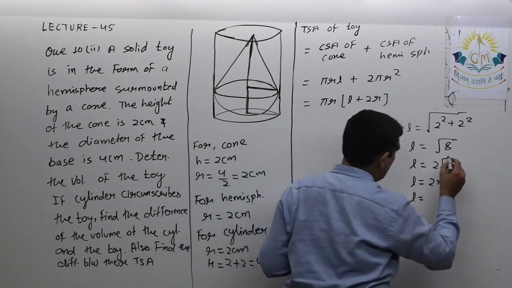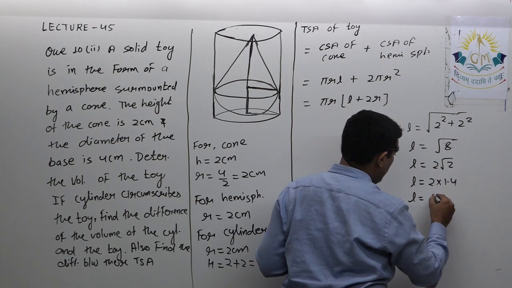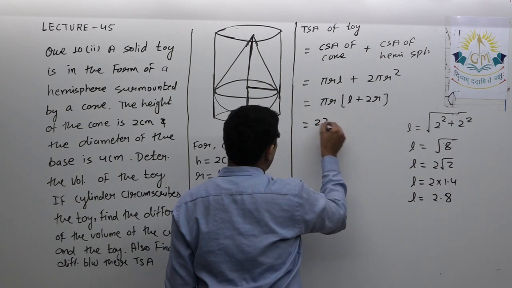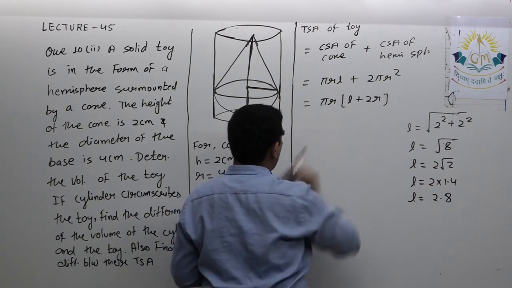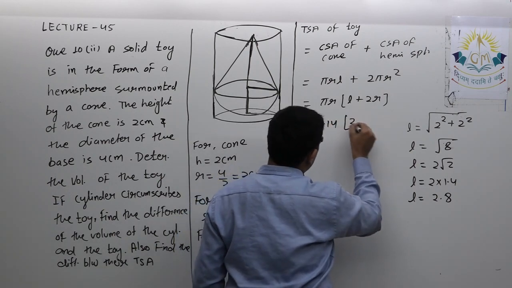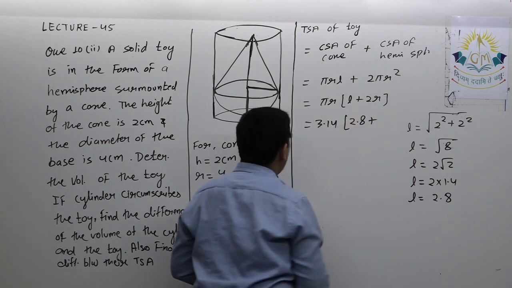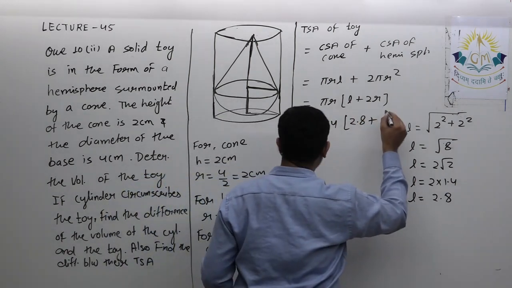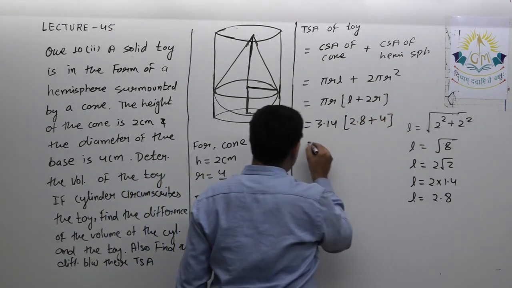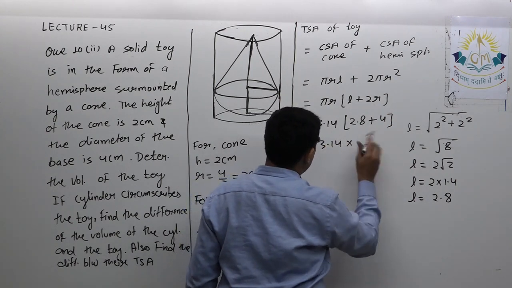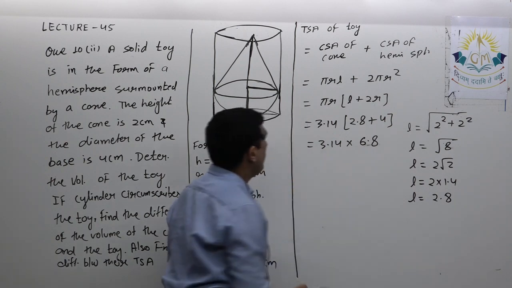So L is 2.8. Pi is 3.14, L is 2.8, r is 2, so L plus 2r is 2.8 plus 4, which is 6.8.